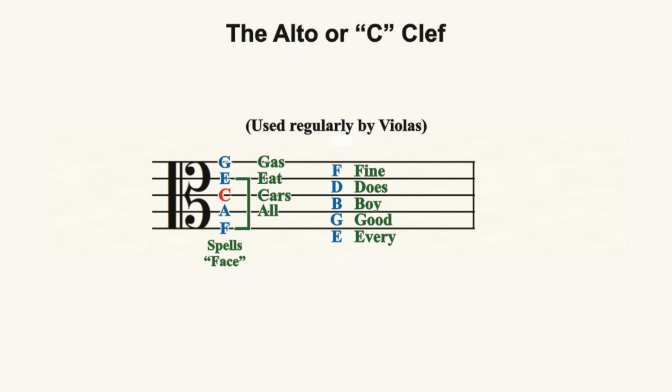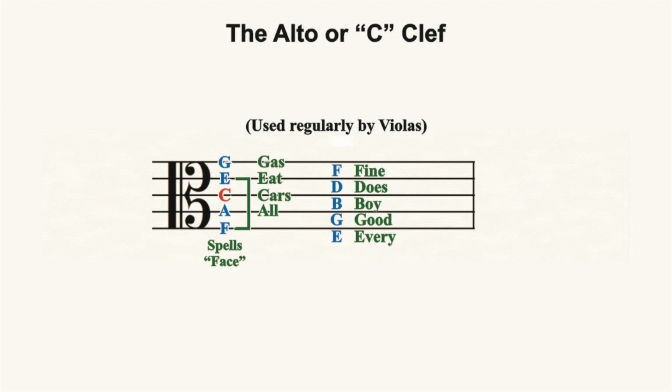One way to remember the names of the lines and spaces within this staff is to recognize that the names of the lines of the alto clef are simply a blending of the spaces of both the treble and bass clefs. Thus, from the bottom to the top, the letter names of the first four lines of the alto clef spell the word FACE, as do the spaces of the treble clef.